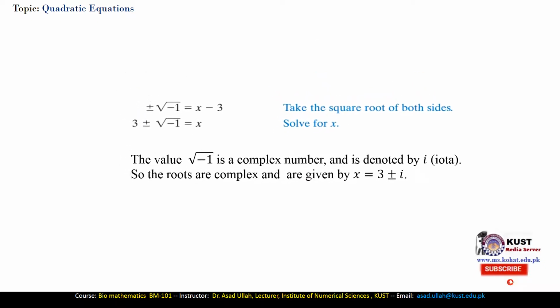Now taking the square root on both sides, we get x is equal to 3 plus minus square root of minus 1. Here square root of minus 1 is a complex number and it is denoted by iota. So our result will be 3 plus minus iota. These are the two roots of the given quadratic equation, which are complex in nature.